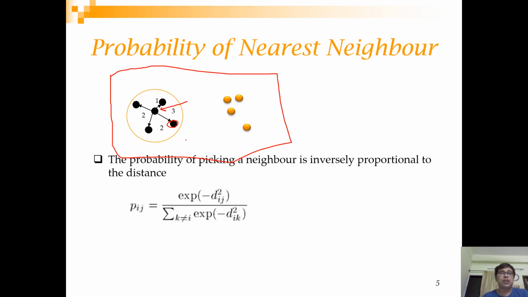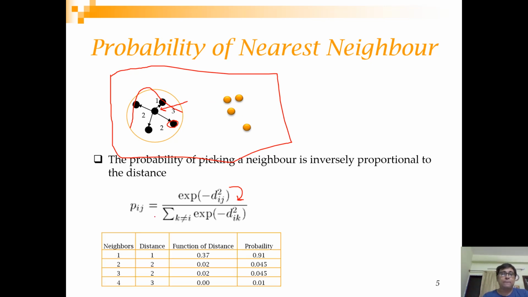One such function is this exponential function, which has similar characteristics to a Gaussian distribution. So you can think that around this point there is a Gaussian distribution, and as you go farther away, the probability of picking these points will be very close to 0.